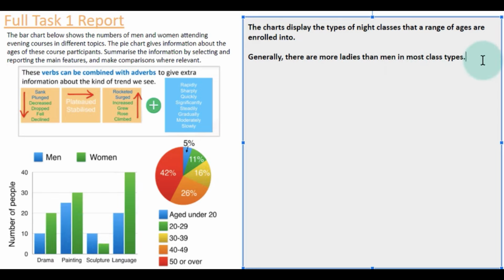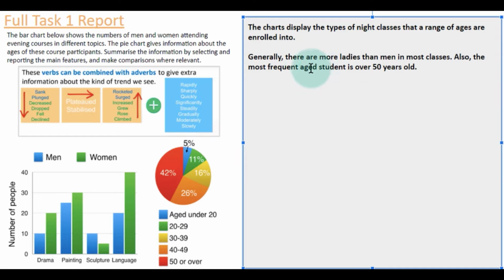And then we want to say also for the most popular, let's say, the most enrolled, or shall we say the most frequent age student is over 50 years old. Let's just read this back. Generally, there are more ladies than men in most classes. I'll change this. Short and sweet. Apologies.